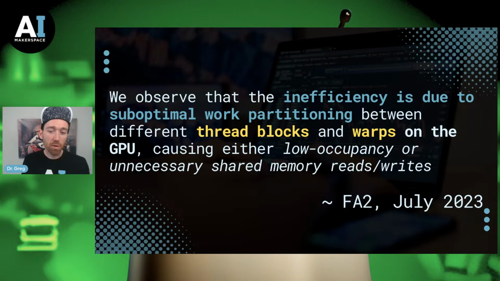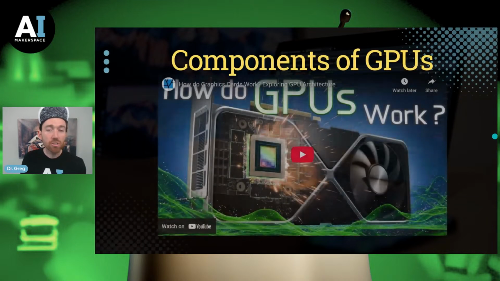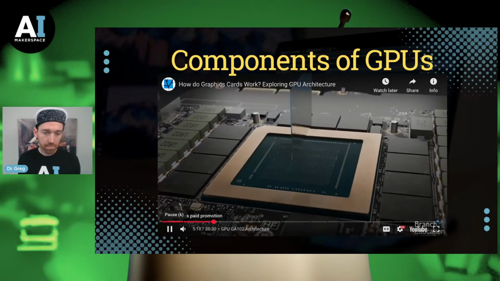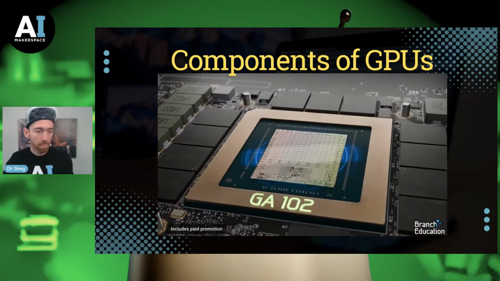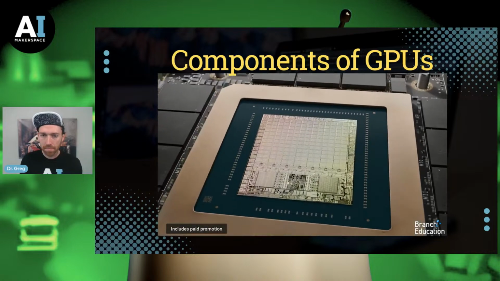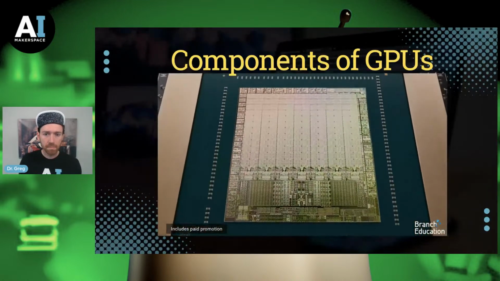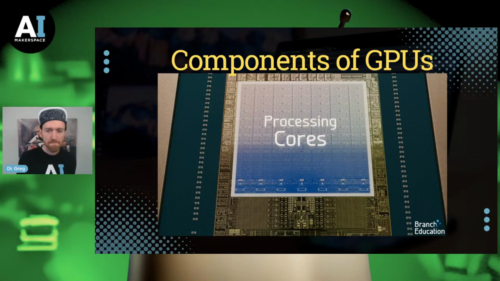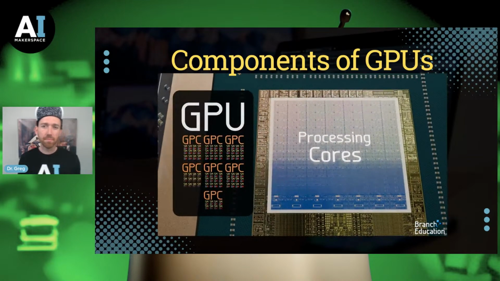This is where we have to learn a little bit more about GPU architecture. So let's consider what the GPU chip looks like inside of an NVIDIA 3090, 3080. What does it look like exactly? Well, let's zoom in. When we open it up, we find a large chip or die named GA102, built from 28.3 billion transistors. The majority of the area of the chip is taken up by the processing cores, which have a hierarchical organization.